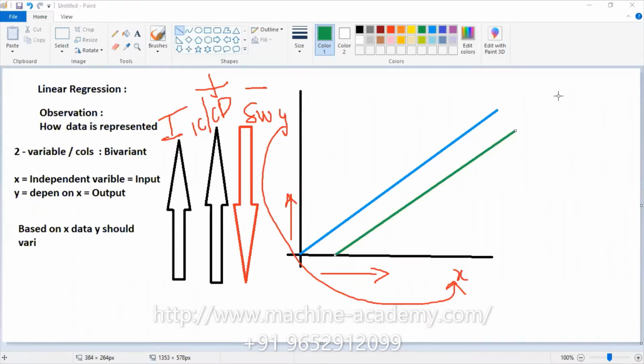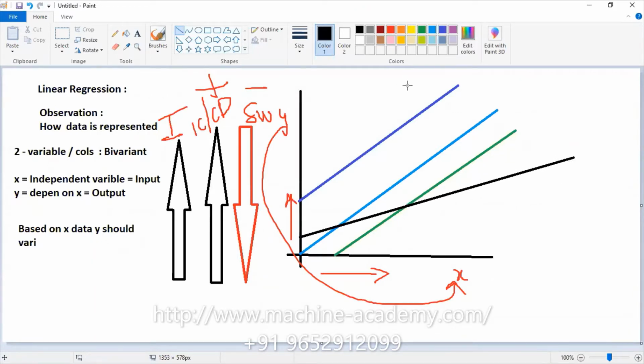And another thing we are going to see is a slight change.